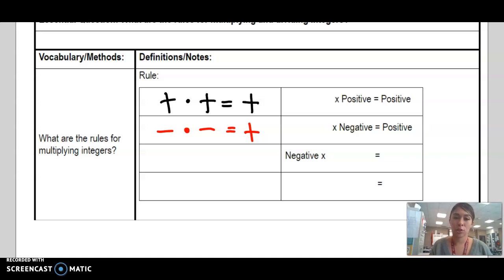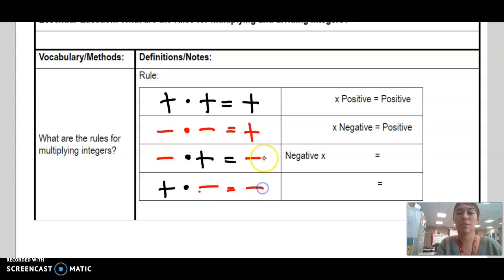Then the other two are going to be, if we multiply a negative integer with a positive integer, the answer has to be negative. And when we multiply a positive with a negative, the answer will be negative.